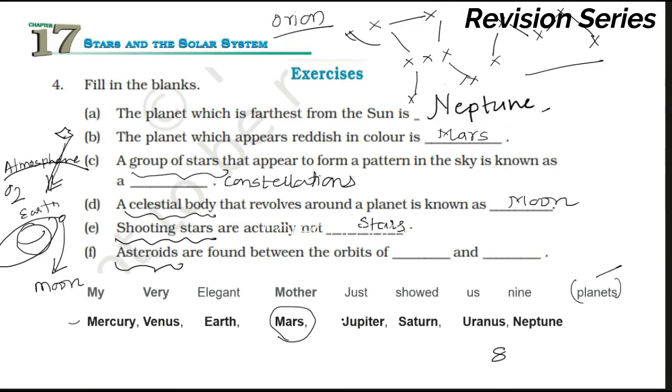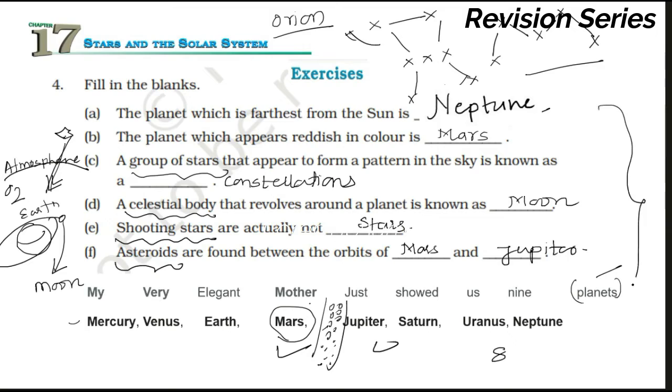So if you look between Mars and Jupiter, there are millions of small objects revolving around the sun, and they are called asteroids. So the asteroids are found between the orbits of Mars and Jupiter, right? So these are the answers.